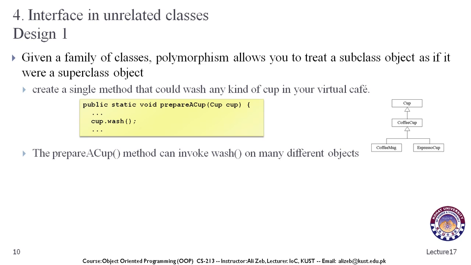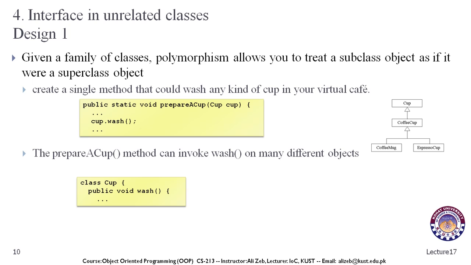Now we create a single method that could wash any kind of cup in, let's say, a virtual cafe. We pass the cup to this method and it calls a wash method on that object, and the object is washed.